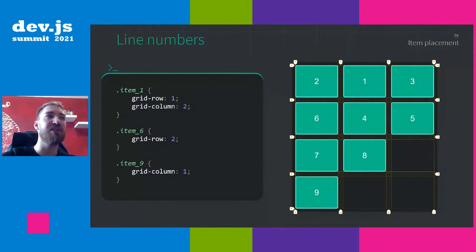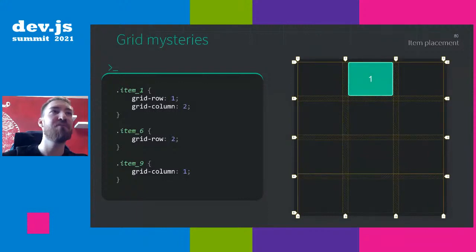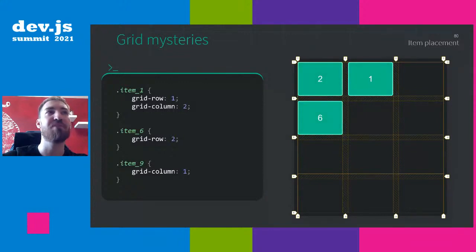And the reason for that is that grid is placing items using a very specific algorithm. And this algorithm is placing the items with the highest specificity first. So if I specify both row and column, this element is called a fixed element, and it will be placed first. So we have element number 1, because it has both row and column defined. Then we have element number 6, because it has the row specified.